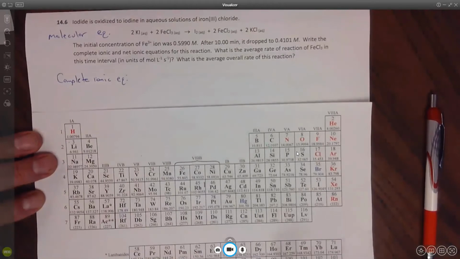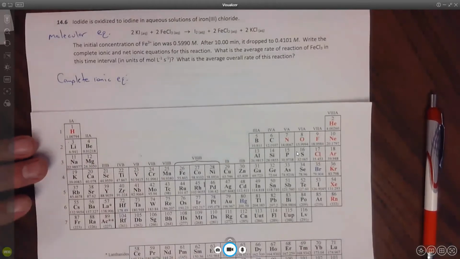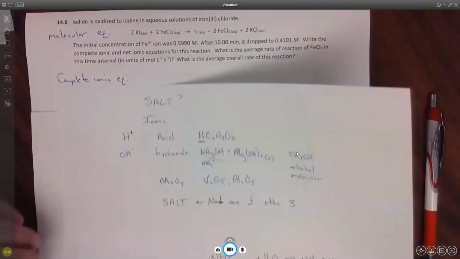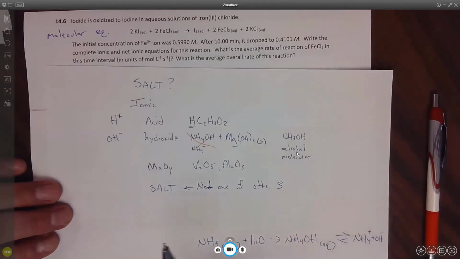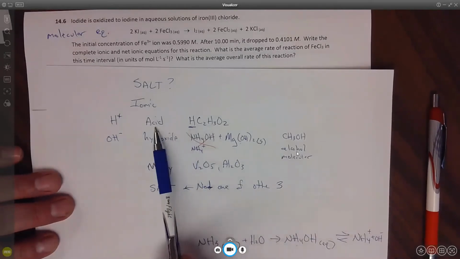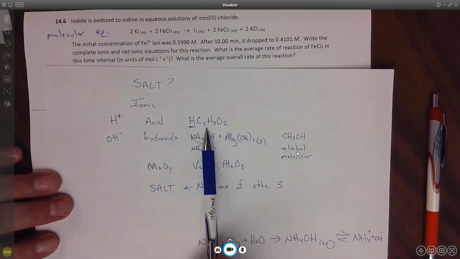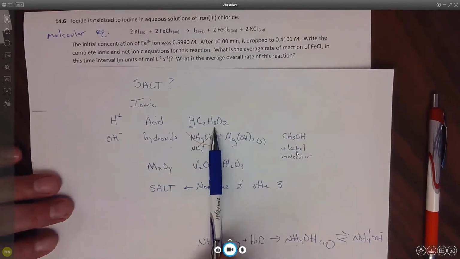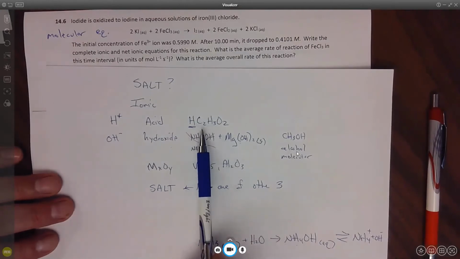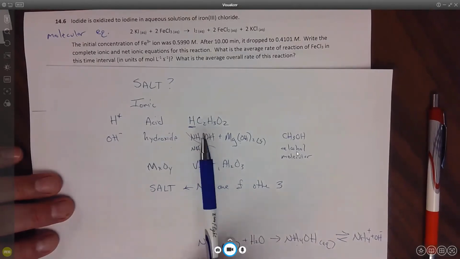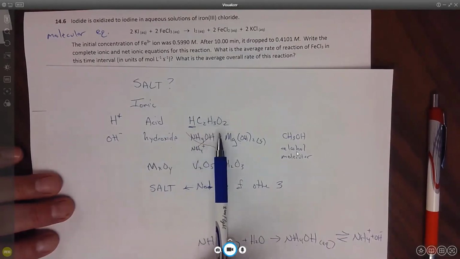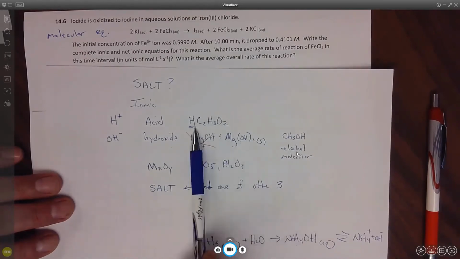If it's ionic, it could be one of 4 types of compounds. It could be an acid. Now, in the case of molecular compounds, the only molecular compounds that are really ionic, and there are exceptions to this, are the acids, the carboxylic acids, right?